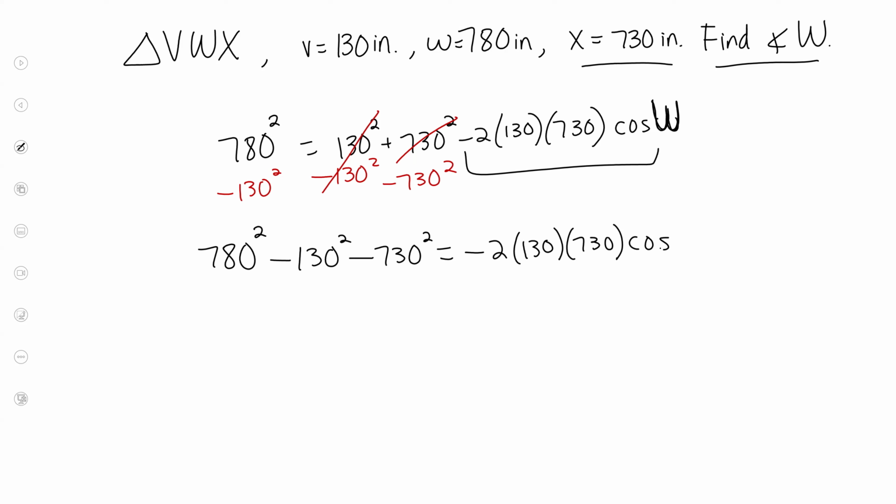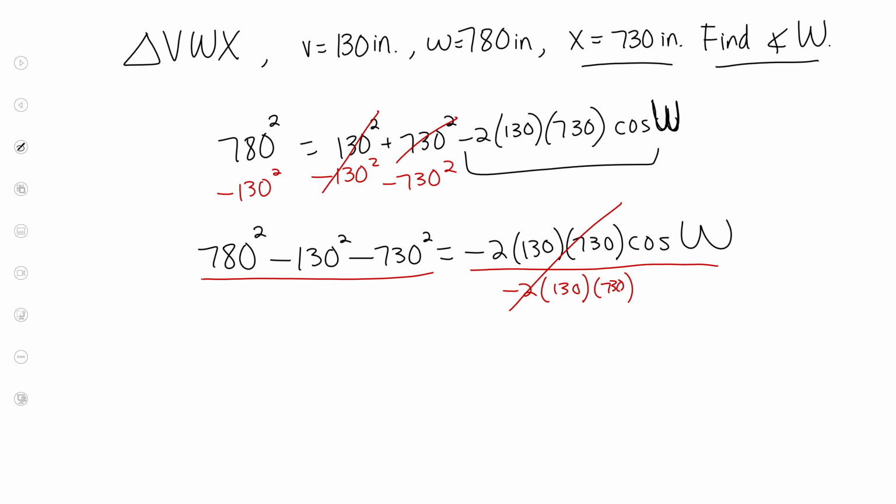Now, how do I get cosine W by itself? Yep, I divide all of these numbers. So -2, 130, 730 cancel out. I'm going to divide this side by -2 times 130 times 730.